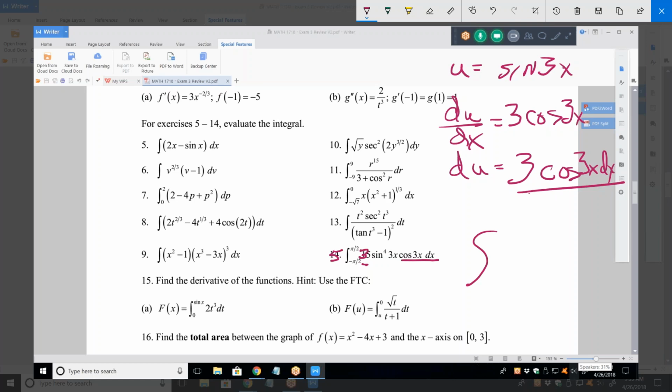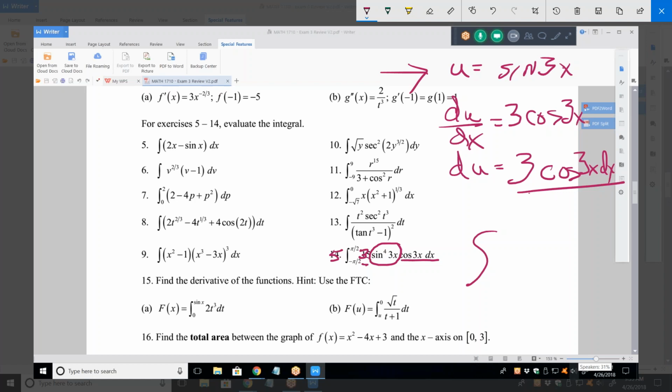sine to the 4th of 3x, which is what in terms of u? What is that in terms of u? Here's what u is.